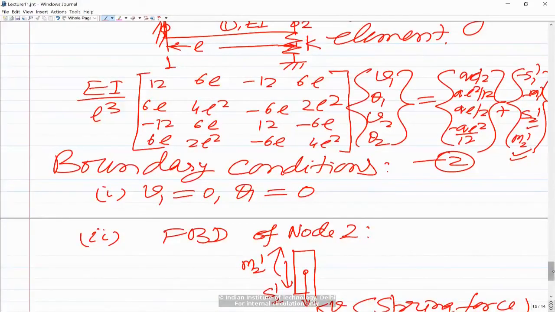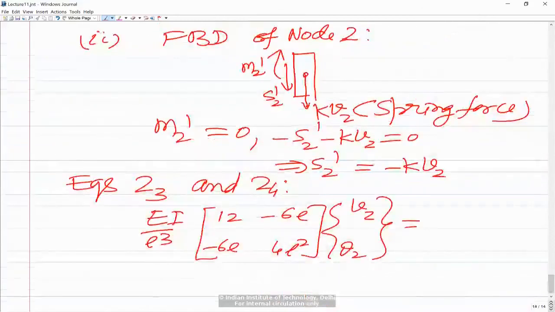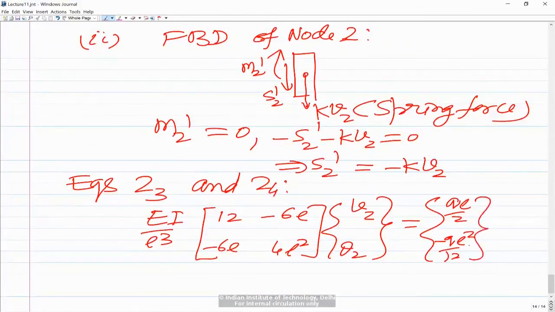So you can do it right there before imposing the boundary condition, or you can do it this way also. So you will have here QL by 2 and then minus QL square by 12. These are already there, and plus now we have this S21 which is minus KV2 and M21 which is 0. So this is what you have.